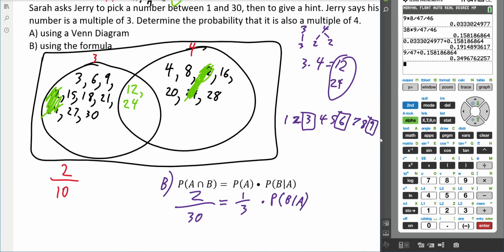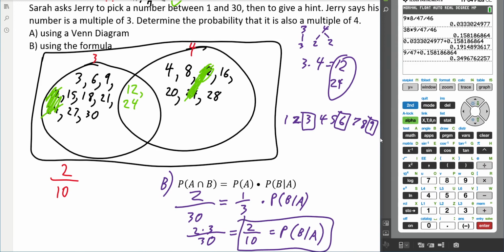So let's solve for that. Basically, we're going to move the 1/3 over, which is going to be like saying 2 times 3 over 30, which is going to simplify down to 2 over 10, which is the probability of B if A has already occurred. So you can see how this might be helpful as well.